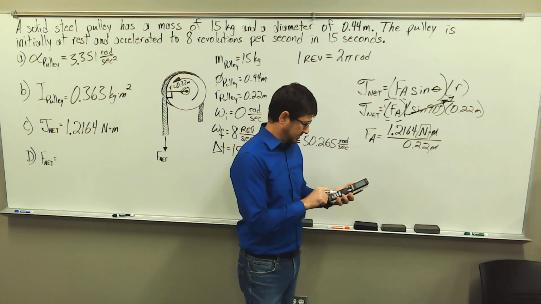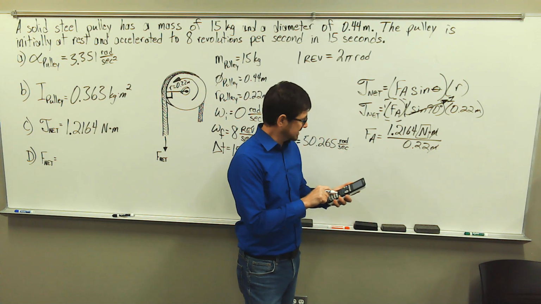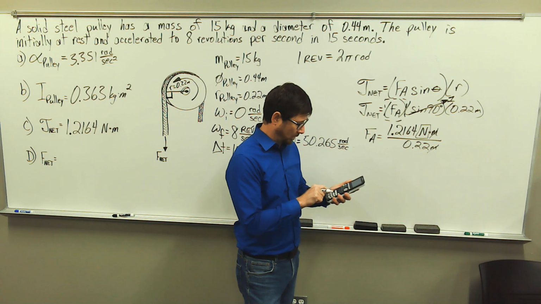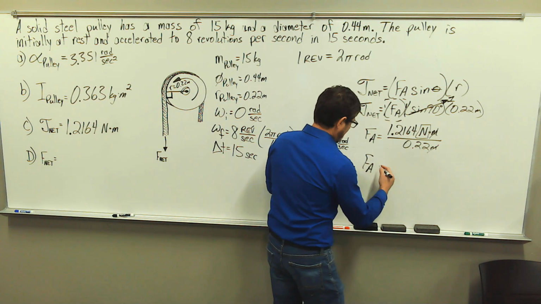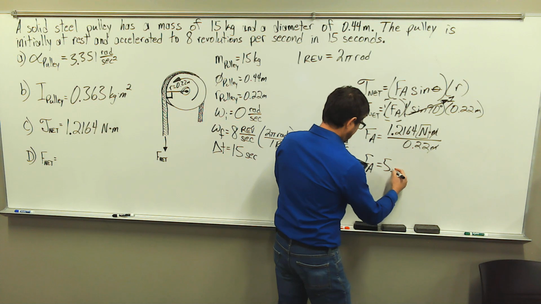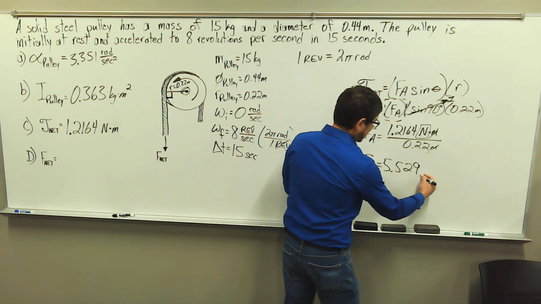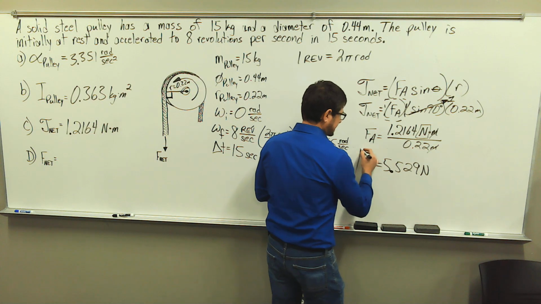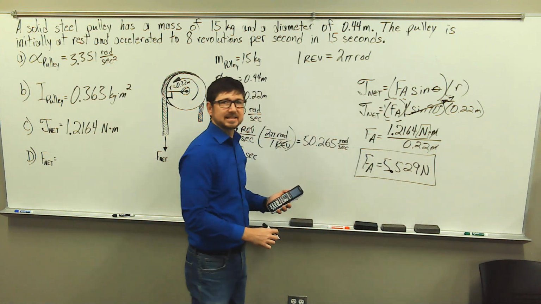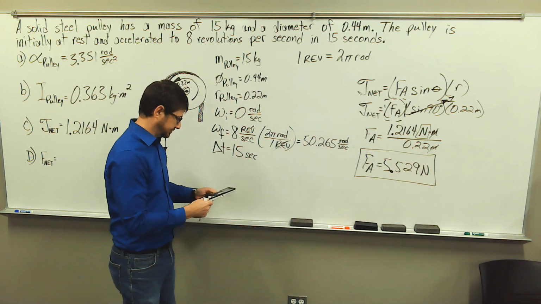So I've got 1.2164 divided by 0.22, and this will give me our applied force is 5.529 newtons. All right, so that is the answer to part D.